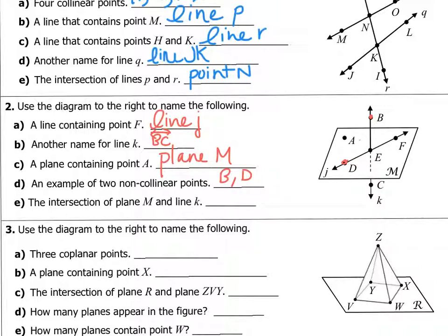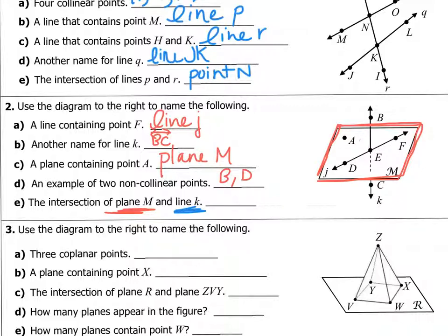And the last one on number 2, the intersection of plane M. So this right here is your plane. So where does the plane M and line K intersect?